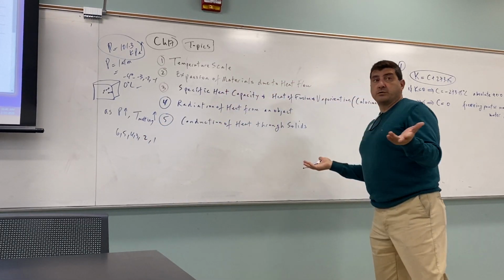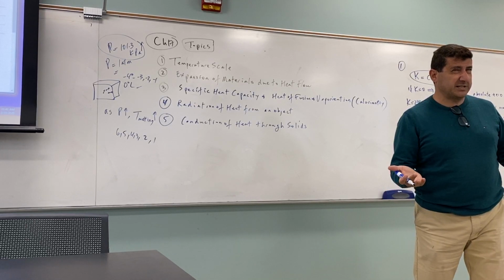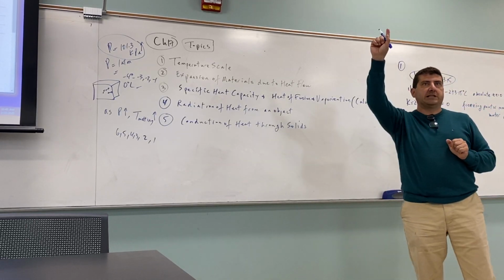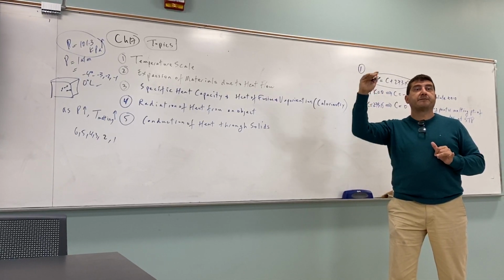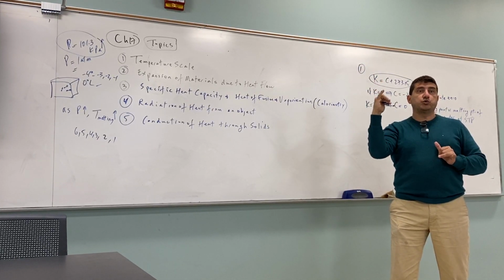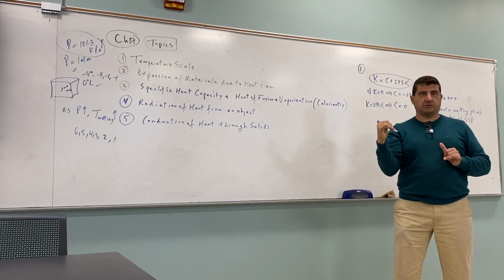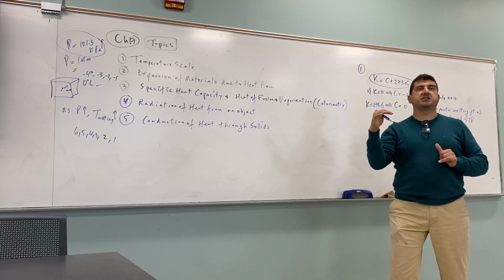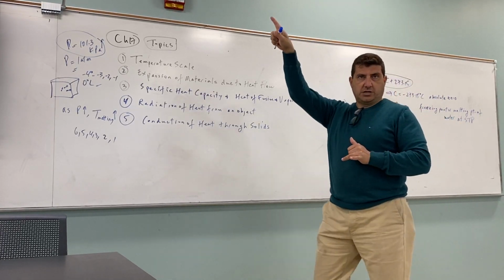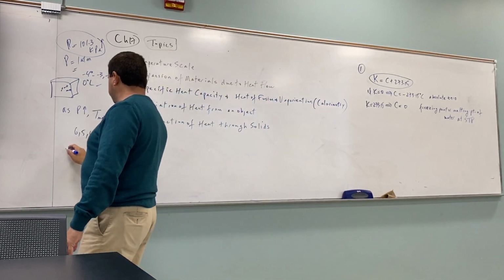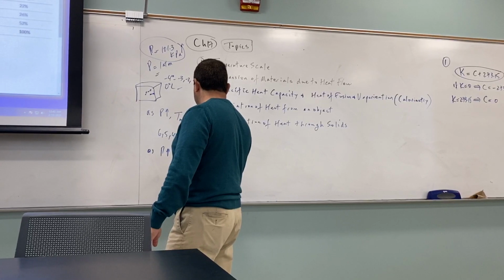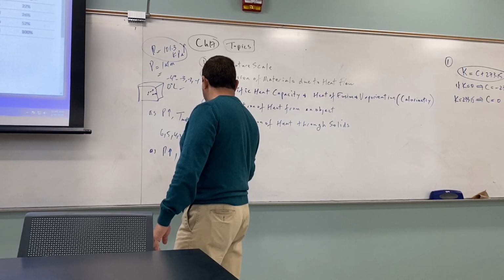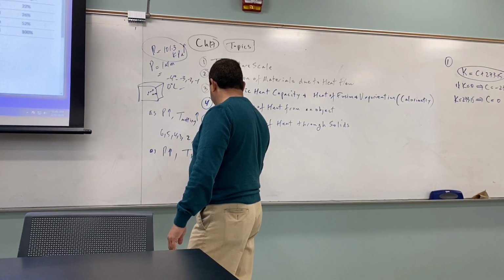So whatever arguments we have for this should also hold for the boiling of water and the condensation of steam from gas to liquid. That's called condensation, right? And boiling is from liquid water to gaseous water. So as pressure goes up, T boiling goes up.